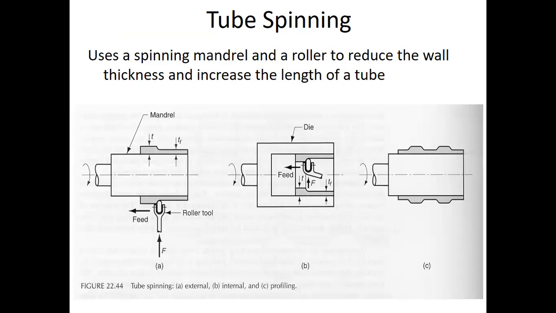For example, in tube spinning, how do you go about reducing the wall thickness? How do you do that?